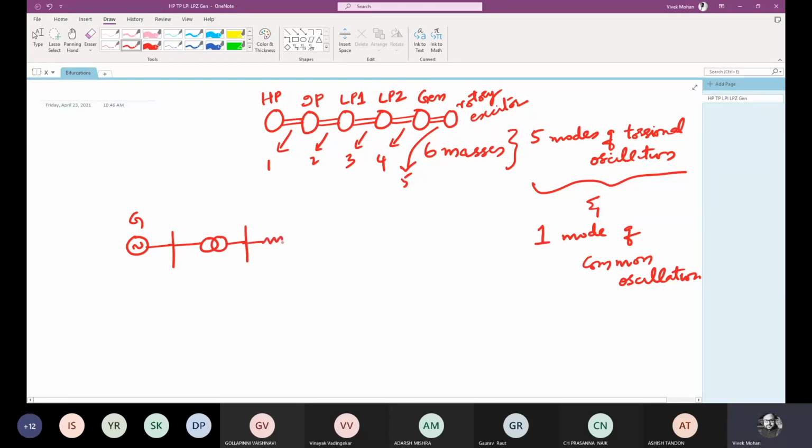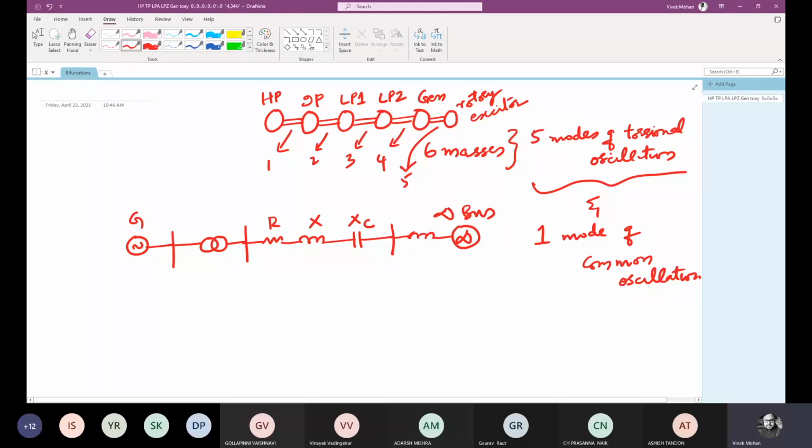The line we are assuming as a combination of R, X and a series capacitor C, because we are compensating the line using series capacitance so that the equivalent impedance could be reduced and the voltage drop can be reduced. So this is the infinite bus.